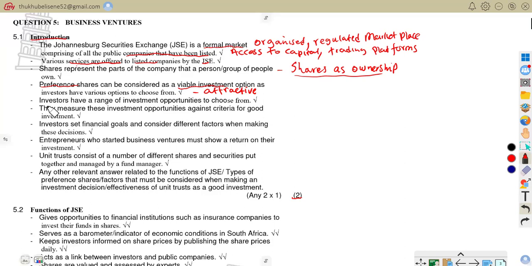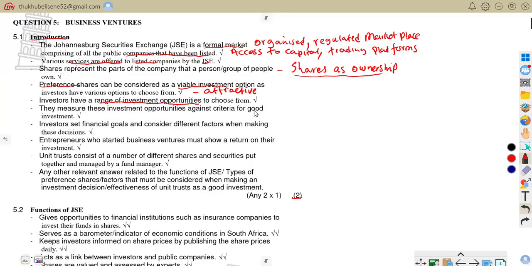Also, investors have a range of investment opportunities to choose from. Investors can pick from shares, bonds, unit trust, property funds.